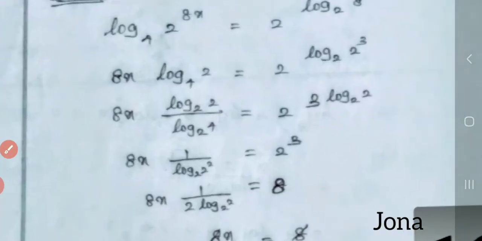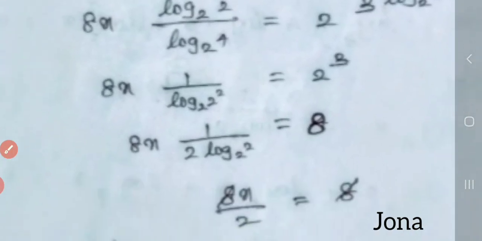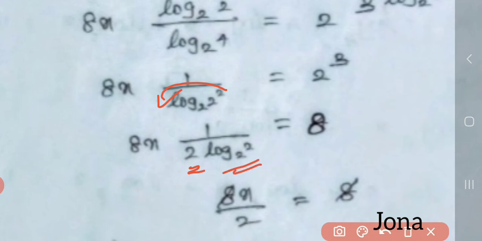And then here I can write this 4 as 2 square, isn't it? So this 2 square can be written to the front there. So 2 log 2 base x here is equal to, here simply we have 2 cube.